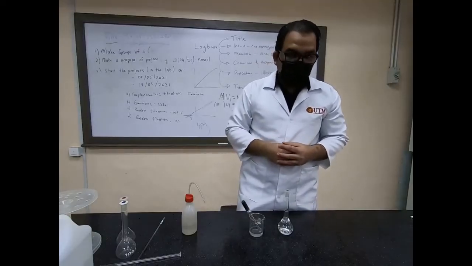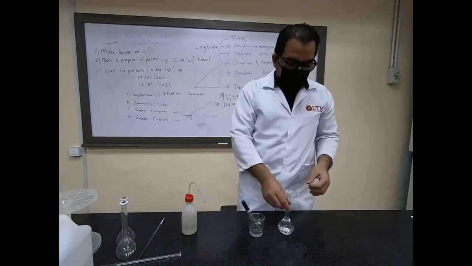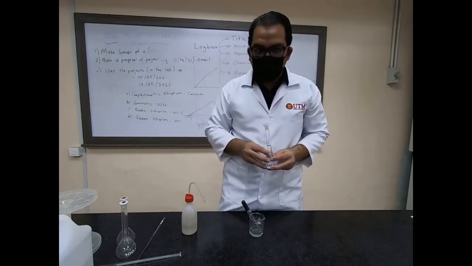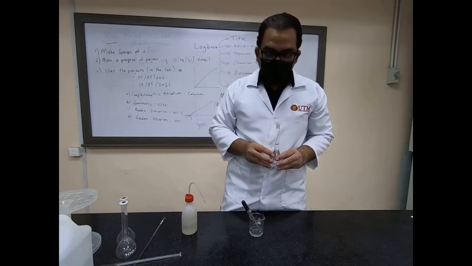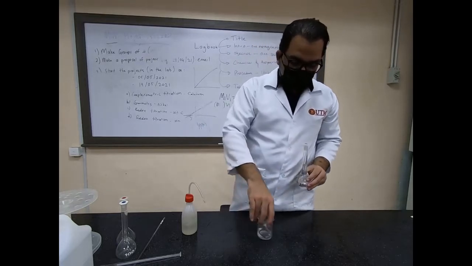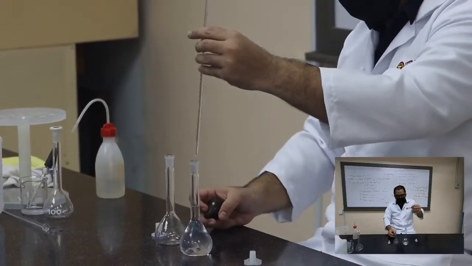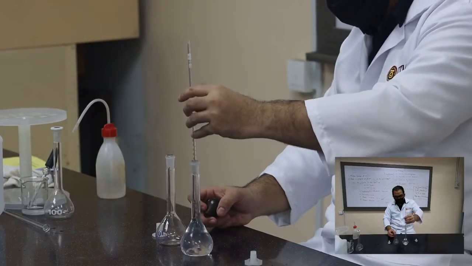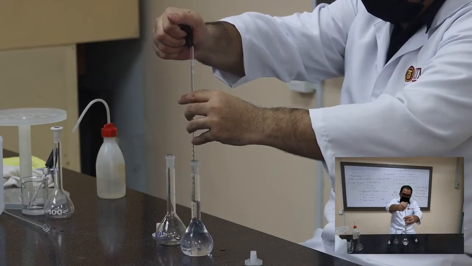Since we have done preparing the stock solution of 1000 ppm zinc, the next step is to prepare the working solution. We need to prepare 10 ppm of working solution from the stock solution that we have prepared earlier. Now I'm going to show you how that can be done. So I am going to pipette a certain amount from this standard stock solution that I prepared earlier.